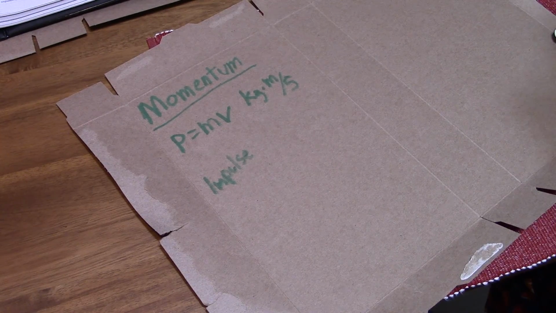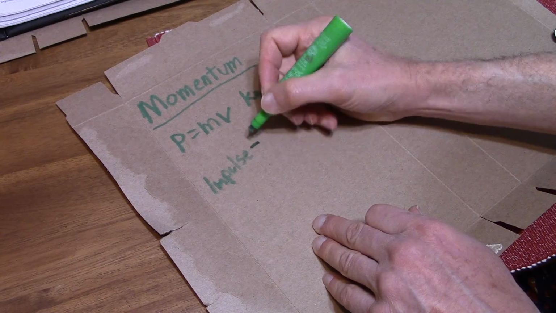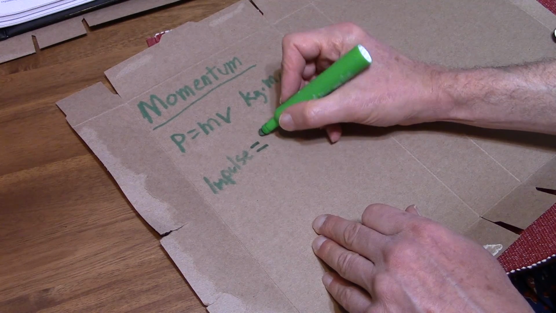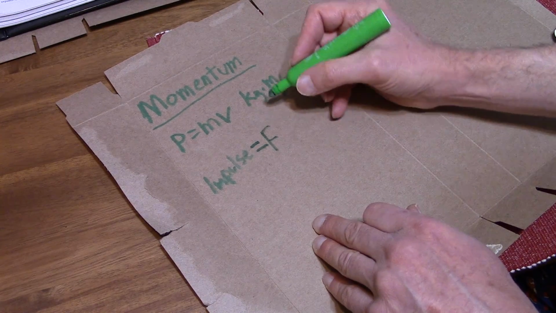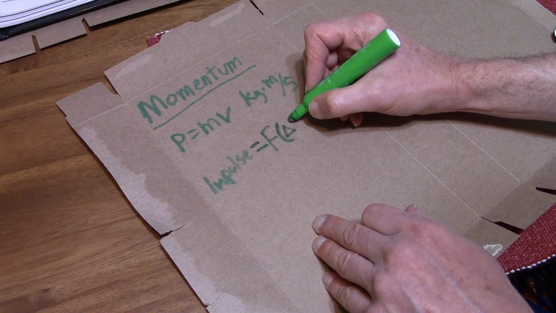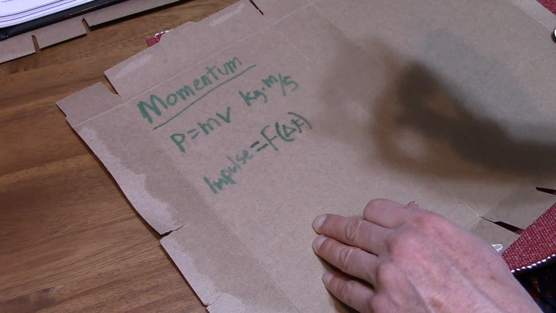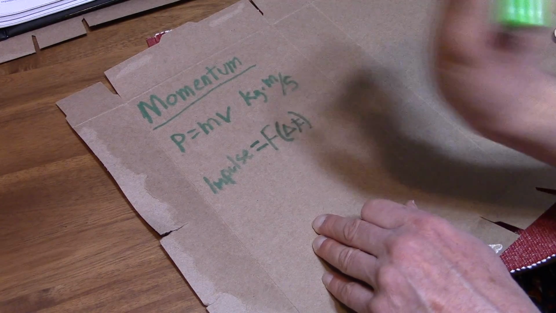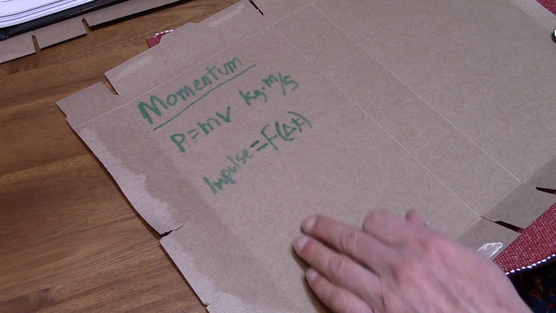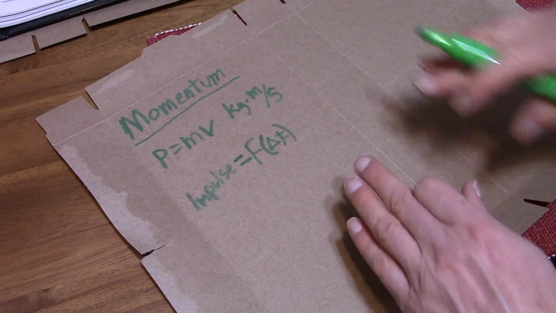So impulse is equal to force times a change in time, so I'm just going to put delta t. I'm going to use a script t, just to show. It could be maybe half a second or a second or even 2 seconds, right? So there's some time that went by, and what are the units for that?